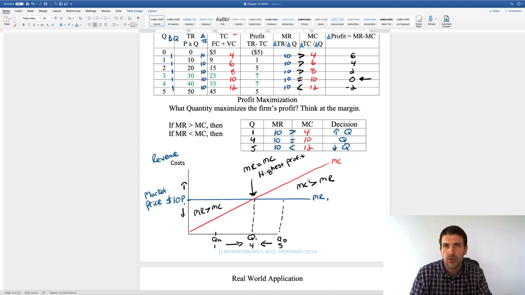Otherwise, I'd have to get a bigger barn, which obviously would increase my cost. So a farm, just like any business, faces diminishing productivity. Every business faces a marginal cost curve that does somewhat slope up. And again, that's another key concept that we learned in chapter 13.